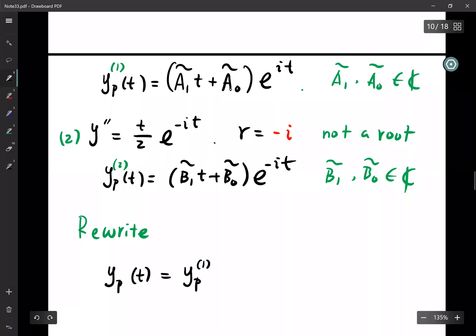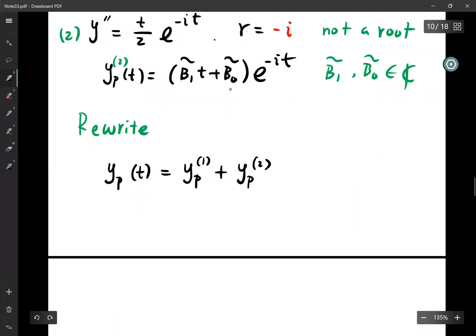I can write them using the superposition principle as yp1 plus yp2, but I can also write it as a1t plus a0 times cosine t plus b1t plus b0 times sine t.